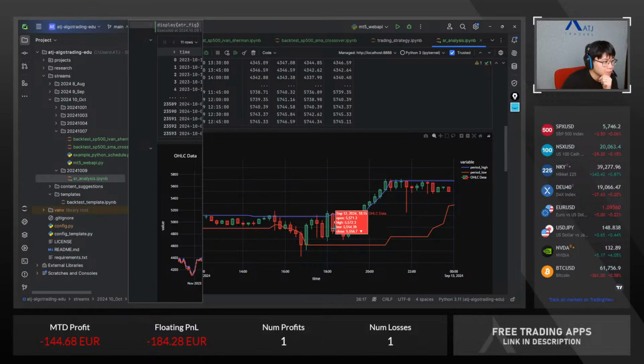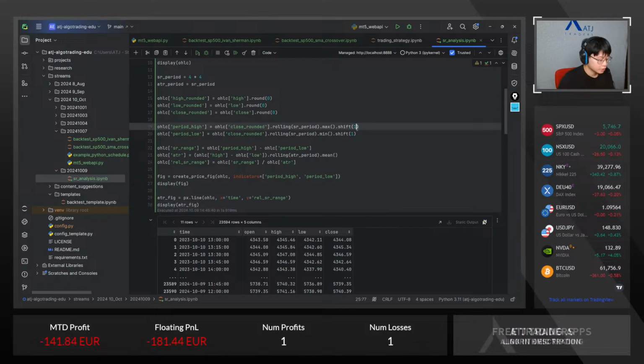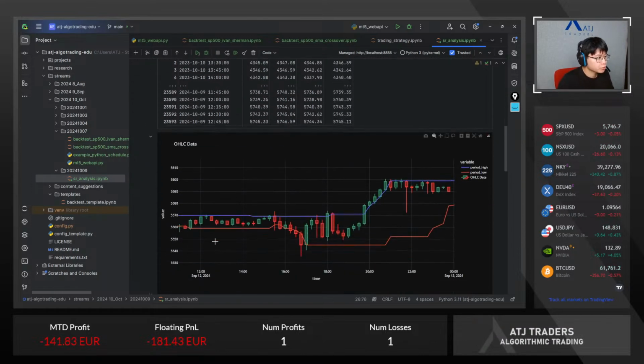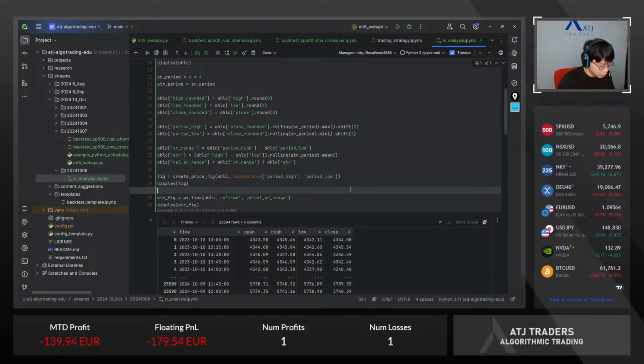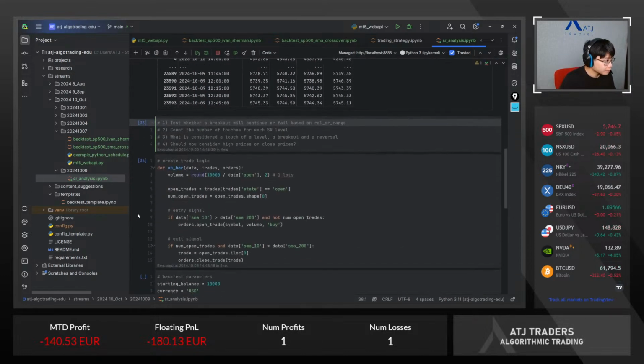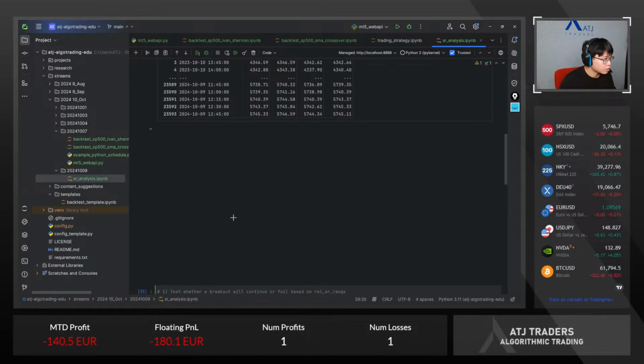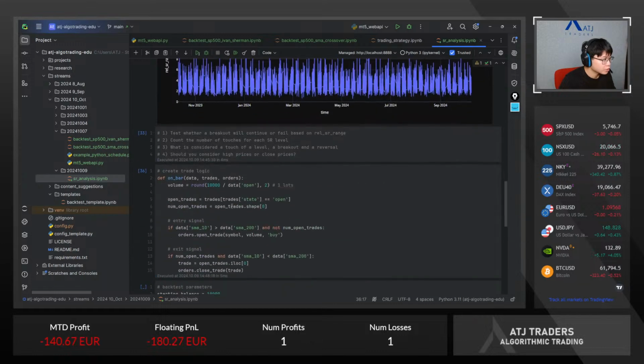Alright, so because I'm using the open prices for entry, I need to shift it by 2 because this level would still have to be breached. So in this case, I'm going to shift it by 2, and then the open price would have to be a breakout of that level. So I'm going to run this again, and now in our signal function with on bar, I'm going to take data.